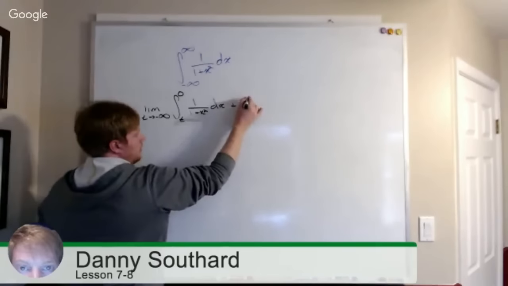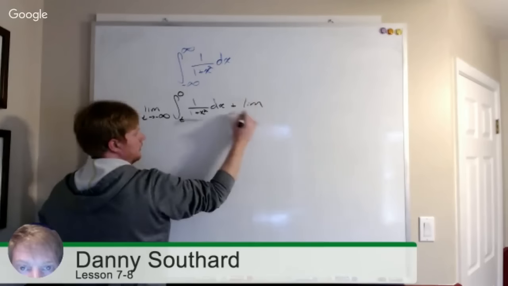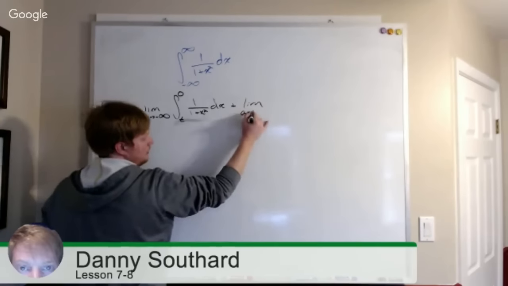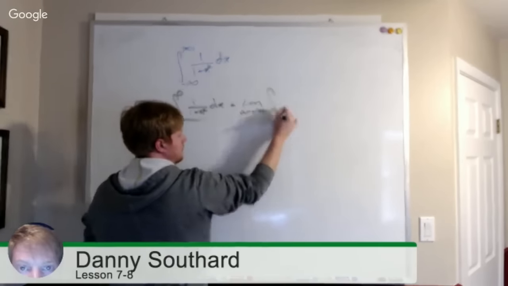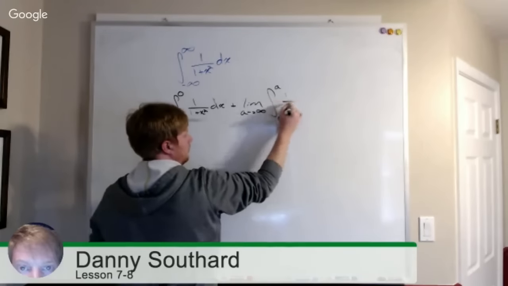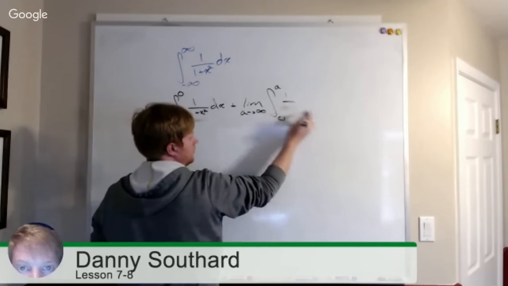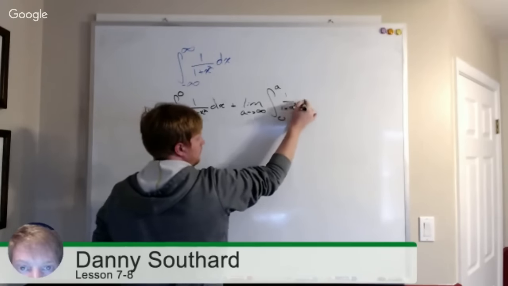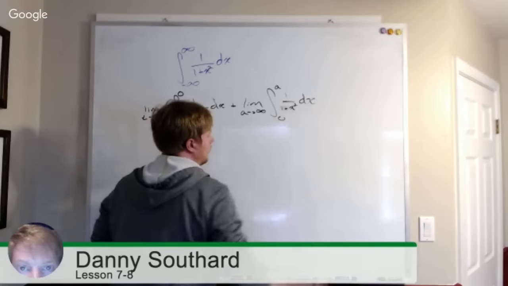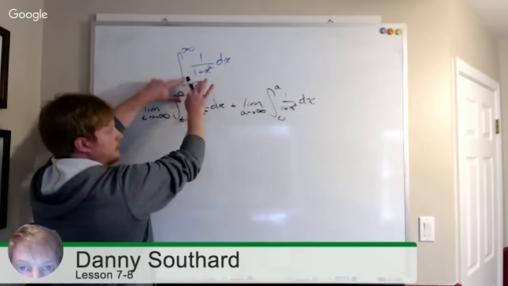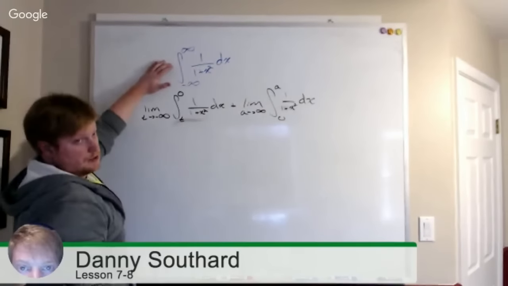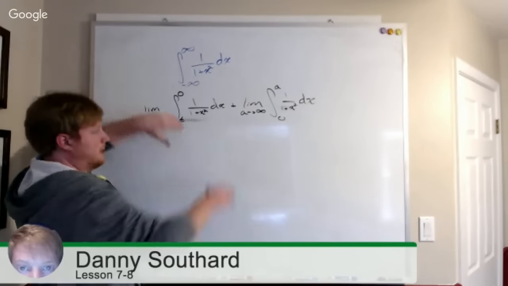And then to that, we will add the limit as a goes to positive infinity from 0 to a of 1 over 1 plus x squared dx. Now, we can see that the two integrals here just split up from the original integral, and I split it at 0, and I'm adding them together.